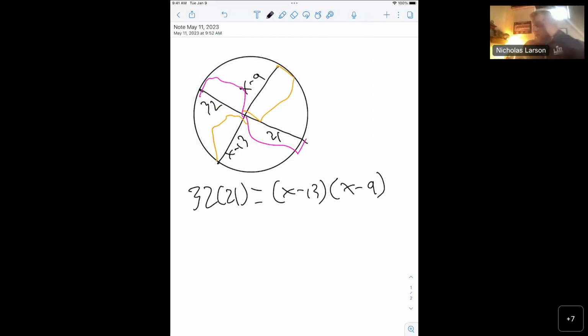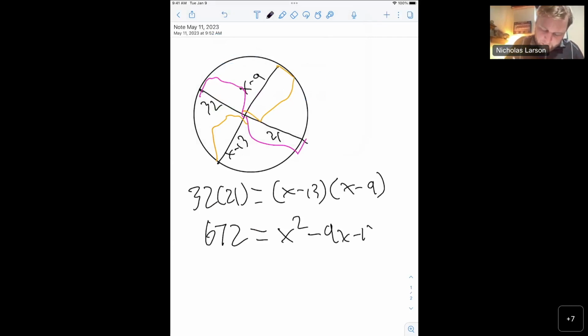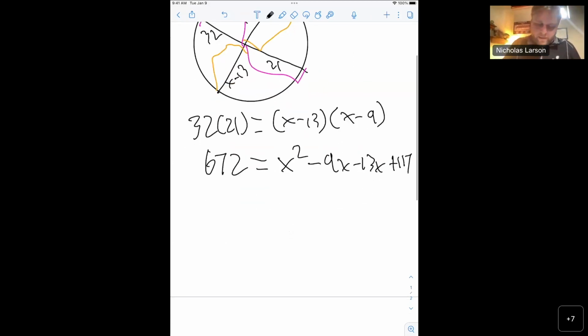Some of these are going to be really easy to simplify. 32 times 21 is 672. This I have to FOIL. I get minus 9x minus 13x, and 13 times 9 is 117. So we're going to simplify this to minus 22x plus 117.